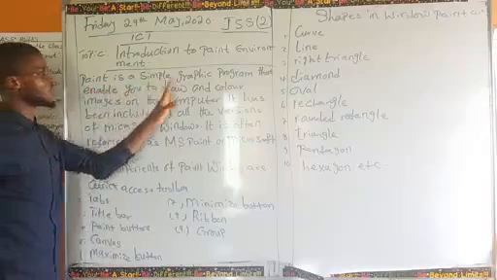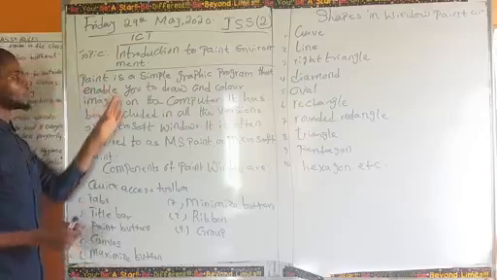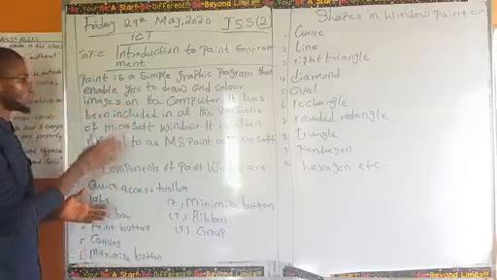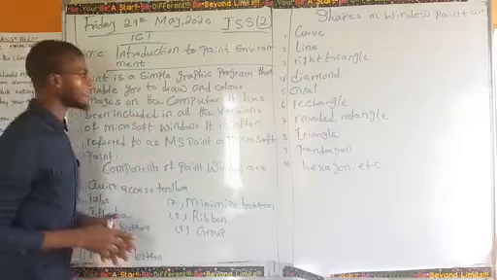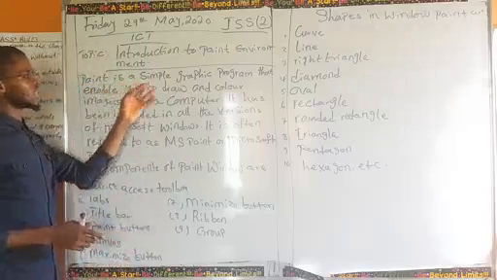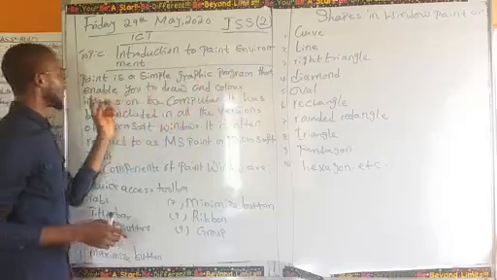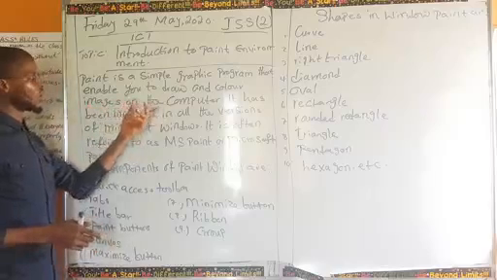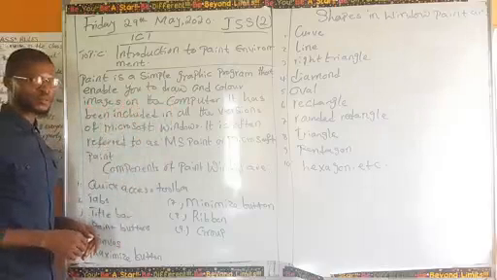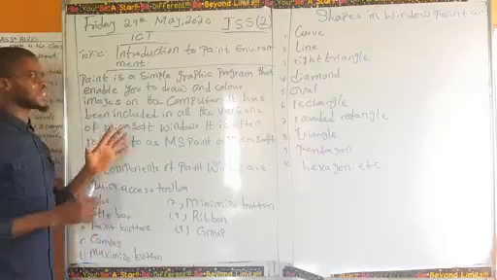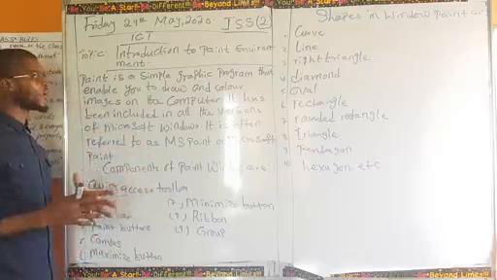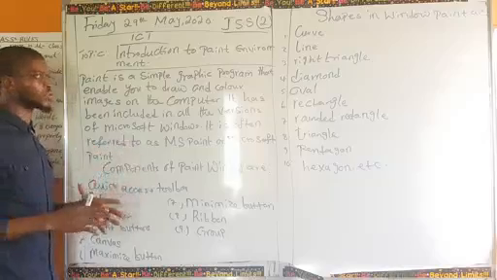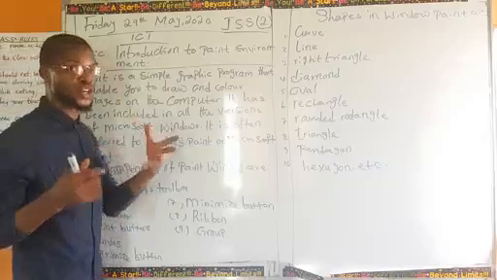Now, Paint is a simple graphic program that enables you to draw and color images on the computer system. It helps you to design, it helps you to draw, it helps you to color or to give you the best of your choice of color.